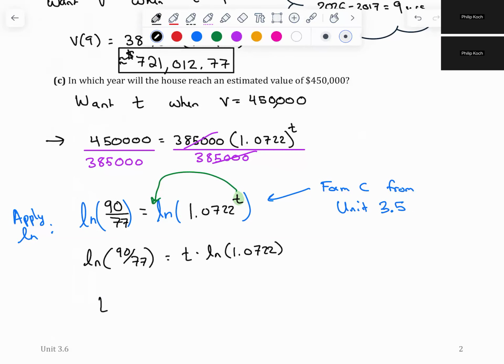Solving for t, we get that t is equal to natural log of 90 over 77 divided by natural log of 1.0722, which is approximately 2.237-ish, 2.238 years.